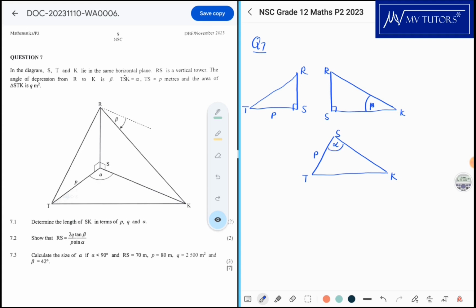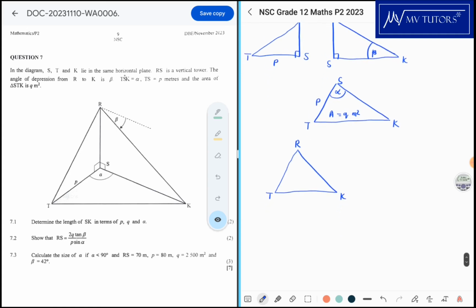And we know that the area of this triangle is Q meters squared. There is another triangle, but I doubt we're going to use it. But let's just draw it for the sake of consistency. It's RTK. And there we don't really have anything. So let's see what the questions are saying.